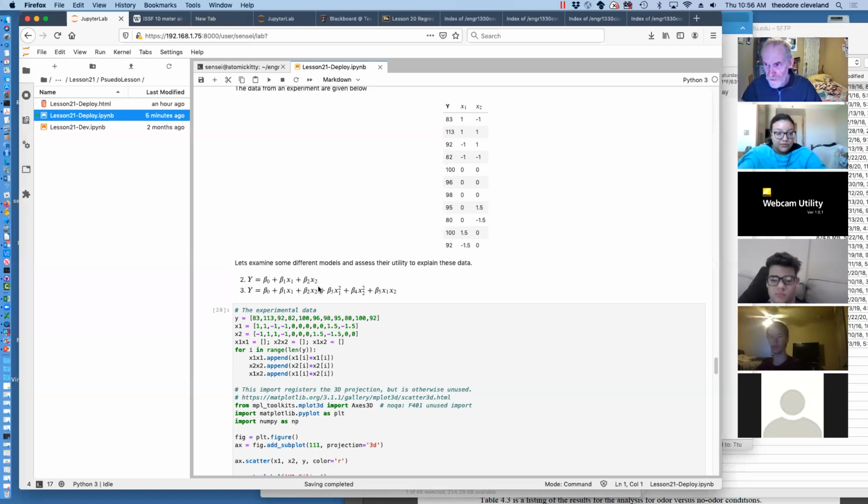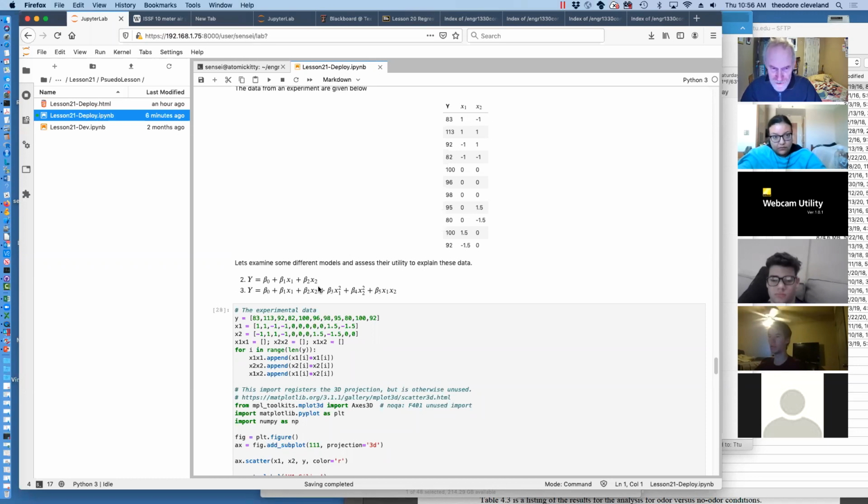What are the variables in model 2? Beta 0, beta 1, beta 2. Are those the variables or are those the coefficients of an equation? Oh, the coefficients. Good. What are the variables? X1 and X2.